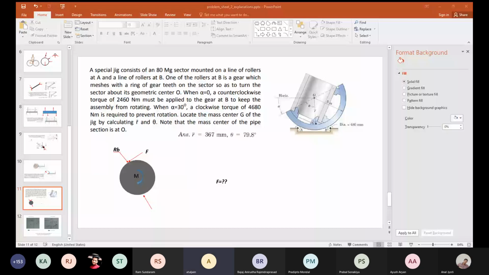Is it 80 into 10 to the power 6 grams? M stands for mega, megagrams. Yes. So W equals 80 into 10 to the power 3 into 9.8. That is the mass. The force due to its own mass is 80 into 10 to the power 3 into 9.8.